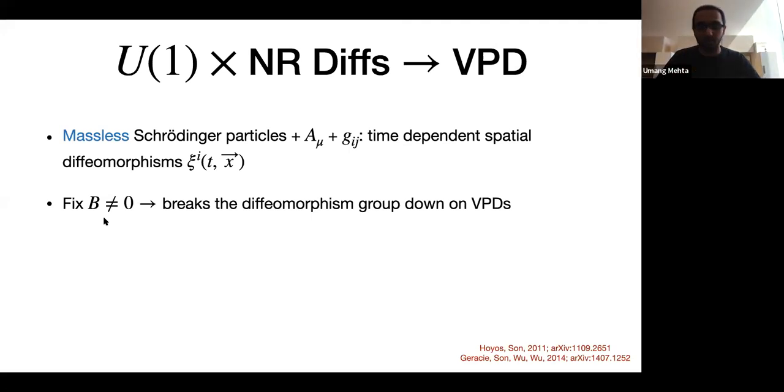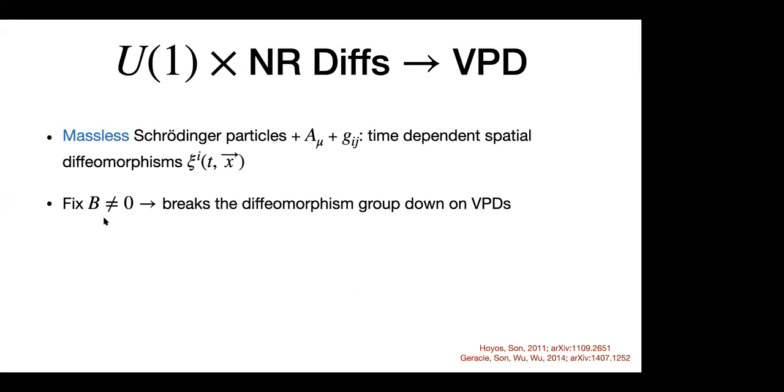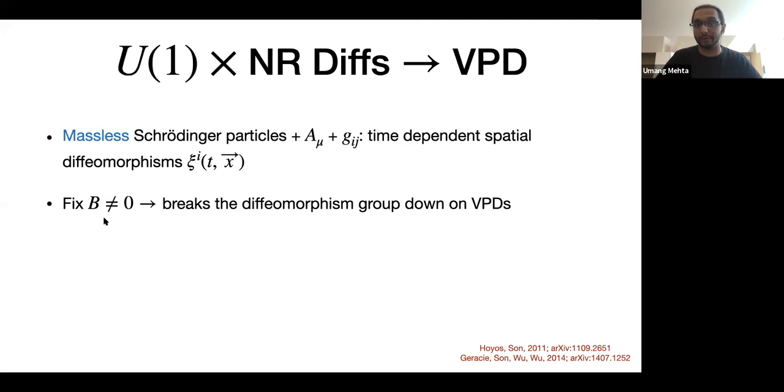But we also want to fix B. So let's say fixing B is taken as a postulate where we're allowing A mu and Gij to transform because those are treated as probe fields. But B is something that's fixed by the experimental setup. They're treated as sources for the matter in the theory. Does that answer your question?